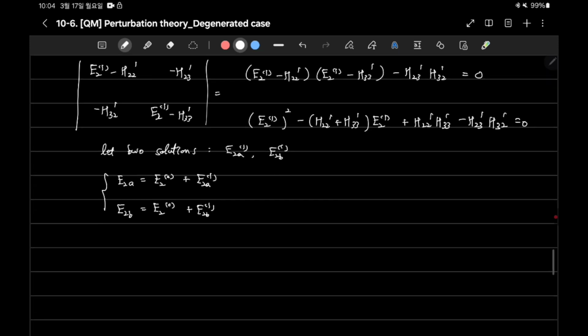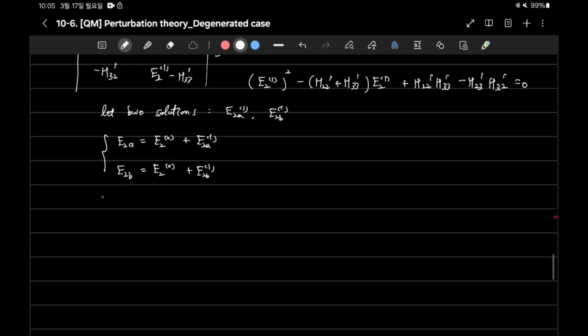Here, therefore, it means that when the energy is degenerate, we diagonalize the perturbation Hamiltonian in the degenerate subspace.